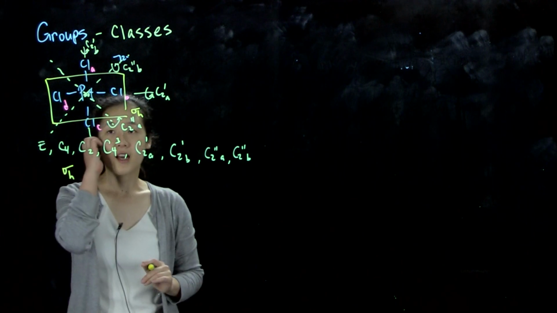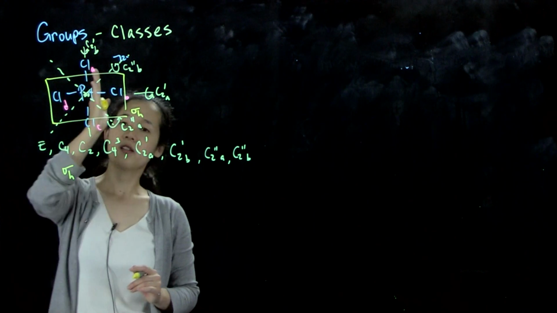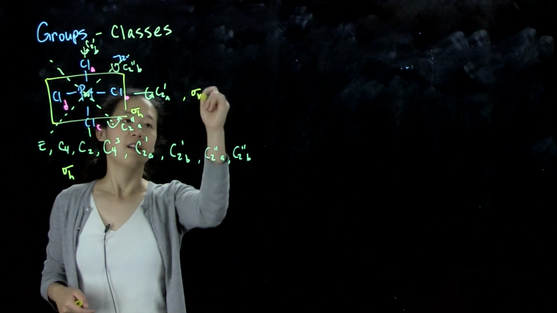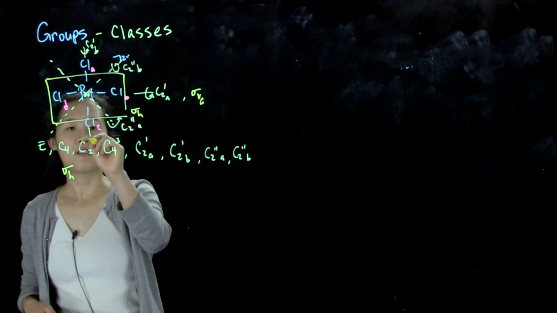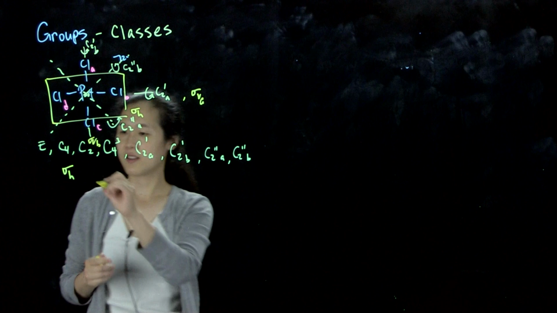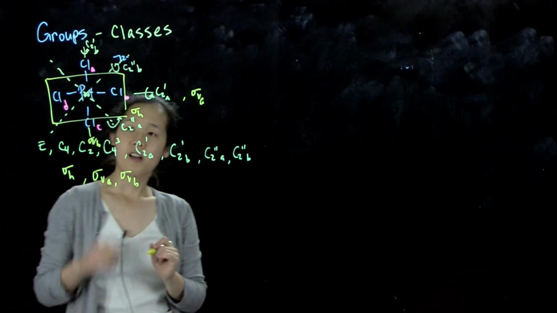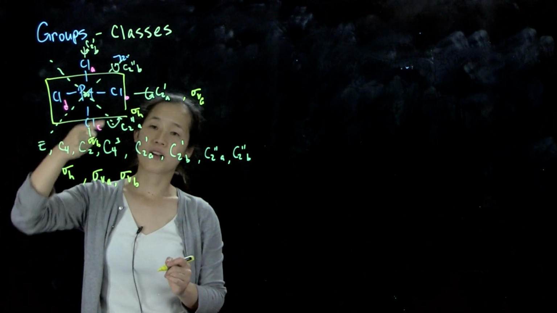And then we have, let's see, going into the board along these axes with the bonds, we have sigma V. Let's call this sigma V A, and here we have another sigma V B. So again, these are along the bonds. And then going between the bonds, we also have a mirror plane because we can mirror the chlorines onto each other.